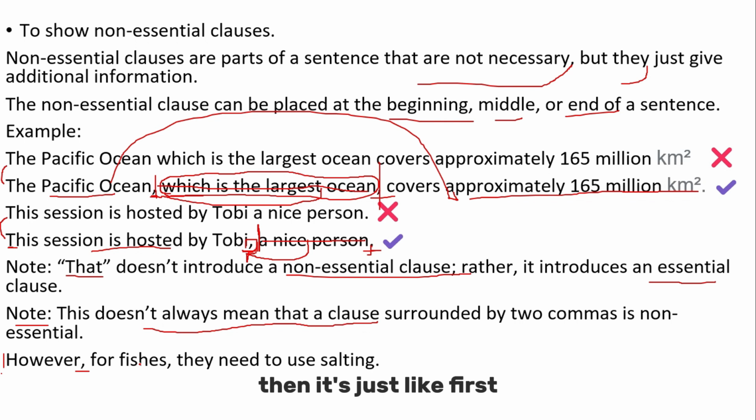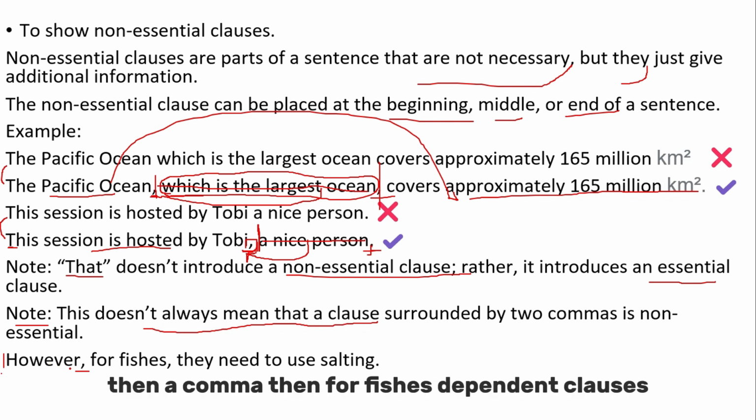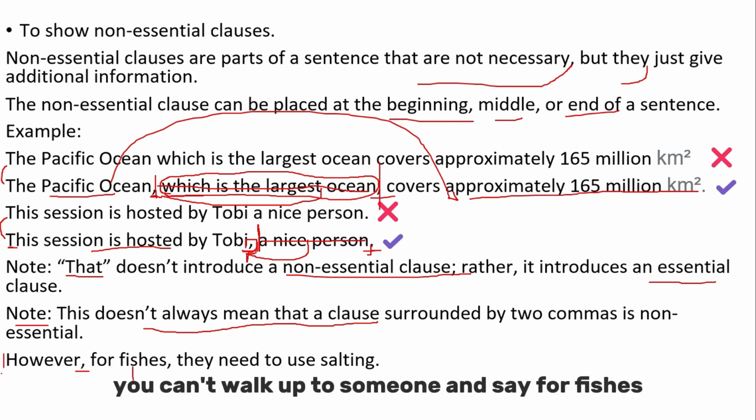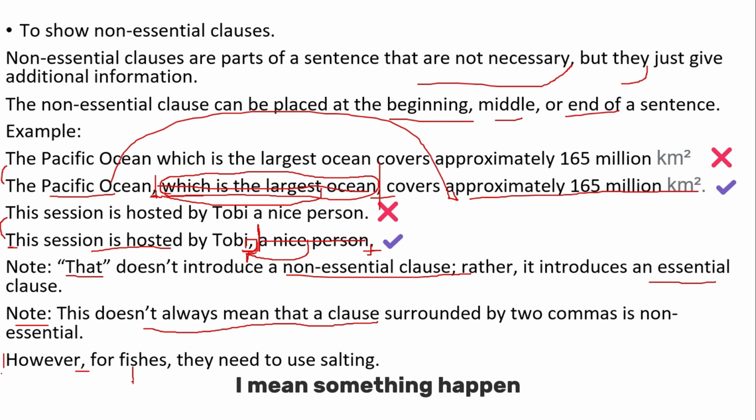Just like first and still in the previous examples, we used commas after them. Then for fishes is a dependent clause. You can't walk up to someone and say however, or for fishes. I mean, something has to happen for fishes. Then they need to use something. This is an independent clause.